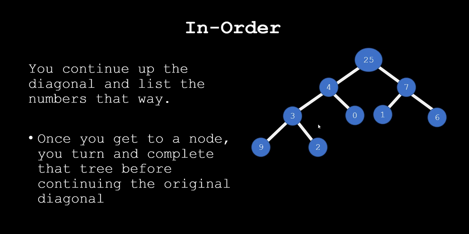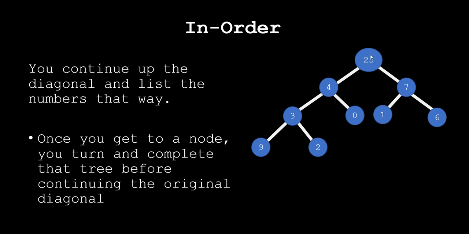So 9, 3, 2. Then here we have to do 4, because we just finished the left tree of 4. So we go 9, 3, 2, 4, and then go to the right, so that's 0. Then we just finished the left side of the 25.